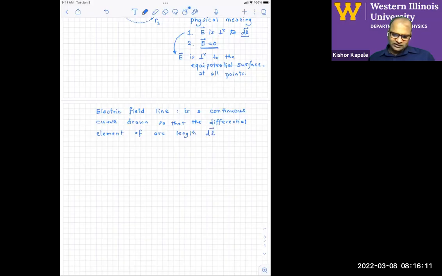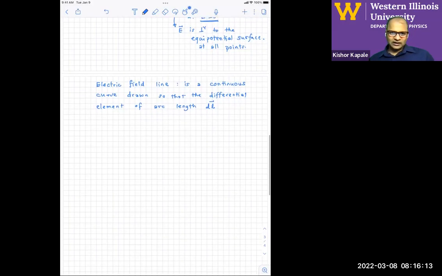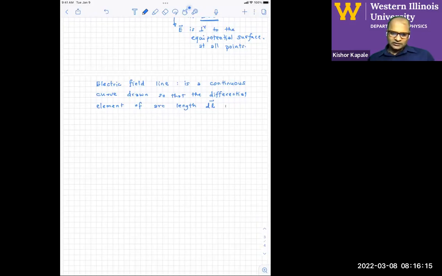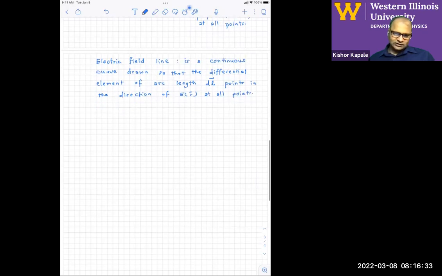Remember, this is not necessarily a straight line. That's why it's arc length dl. And so then you can write down the dl along the electric field line.